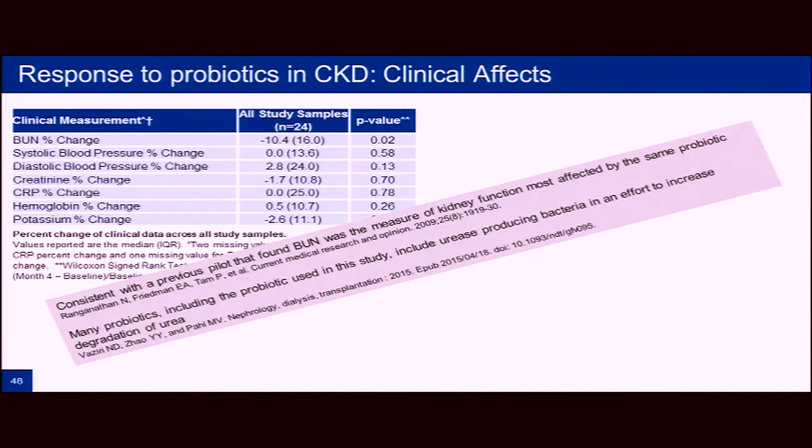This is consistent with a previous study of the same probiotic that found BUN was the measure of kidney function most affected by the same probiotic. And it's also consistent with the probiotic strategy of including urease-producing strains in an effort to increase the degradation of urea.